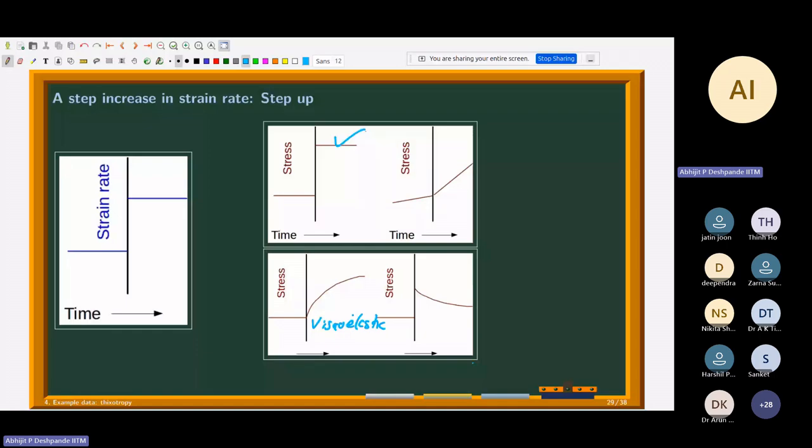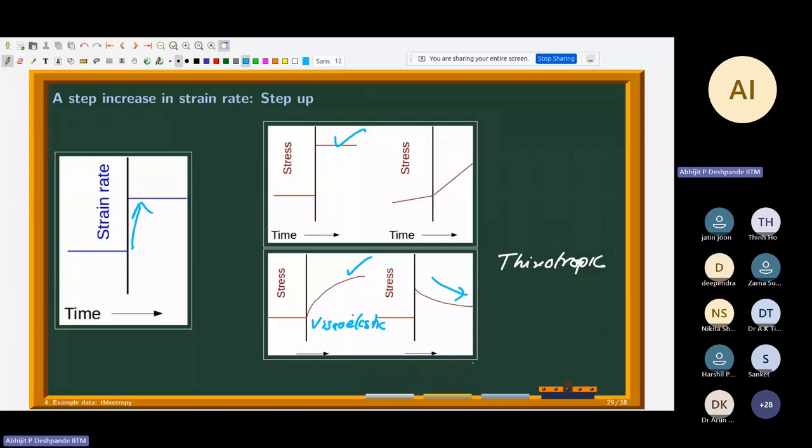That's true for a Newtonian fluid also, but in this case there is an evolution, and the evolution rate will depend on relaxation time. But in the case of a thixotropic material, there will be a decrease. For a thixotropic material, because the structure is breaking down due to the higher shear rate, the overall stress will decrease.